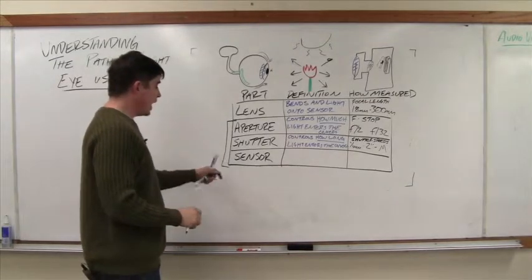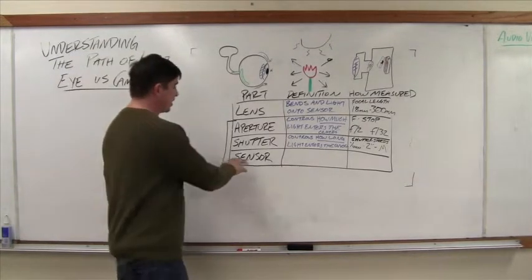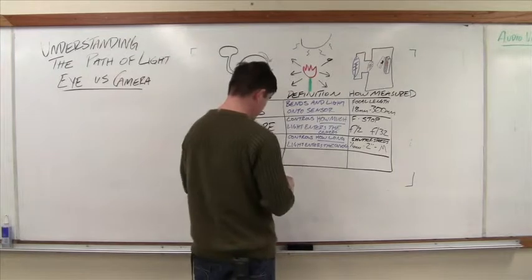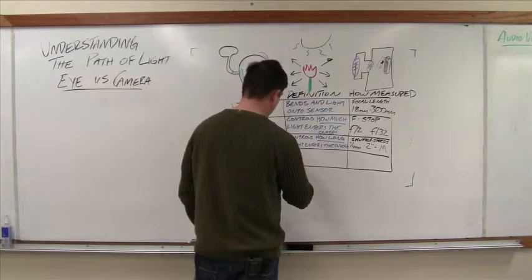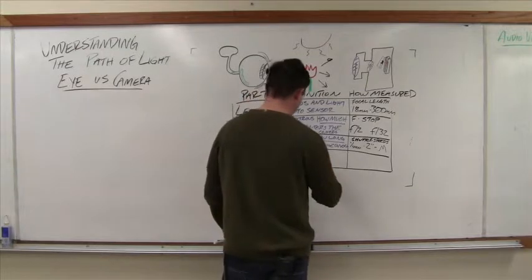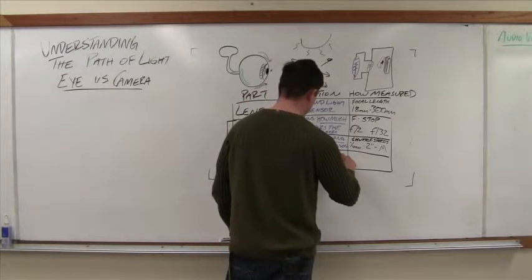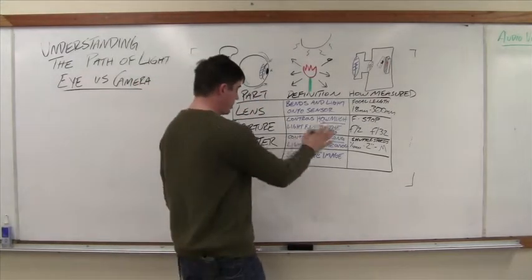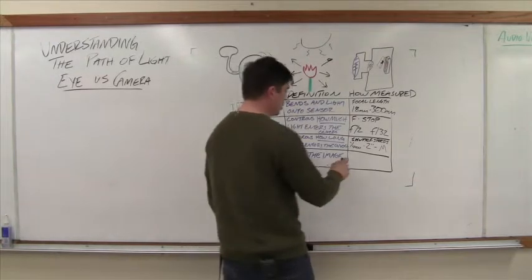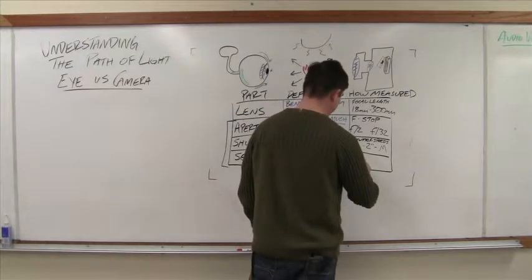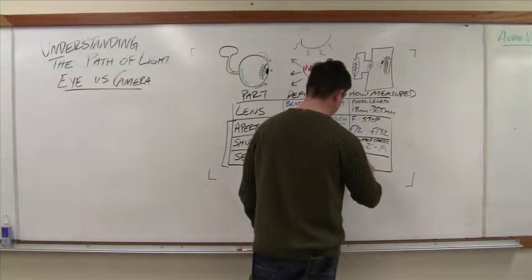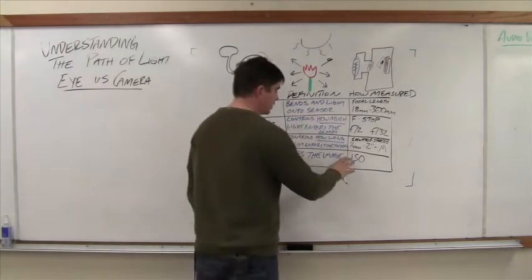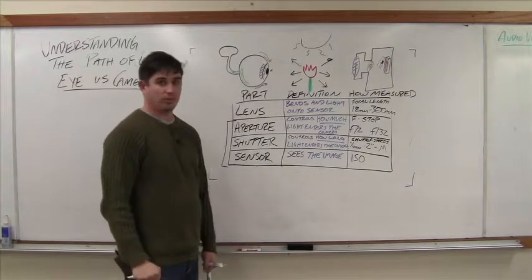Okay. And the last definition is just like our retina on our eye. The sensor sees the image. And with the sensor, we can measure how our sensor sees light in terms of ISO.